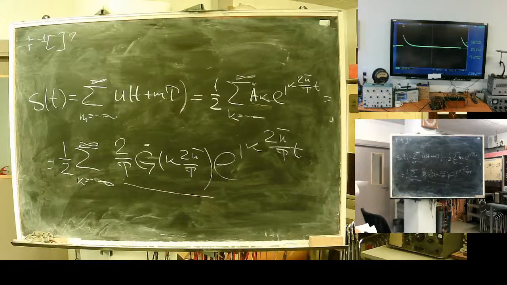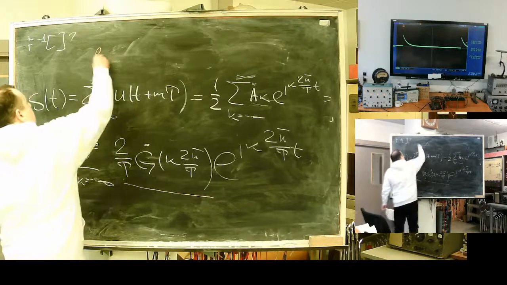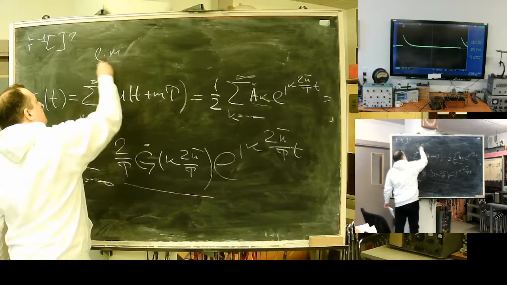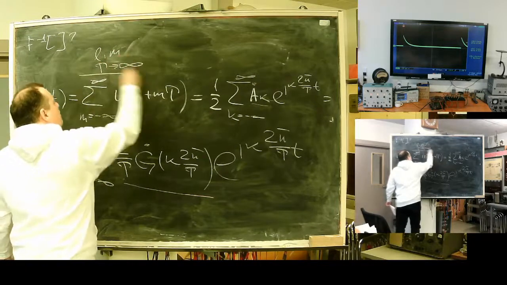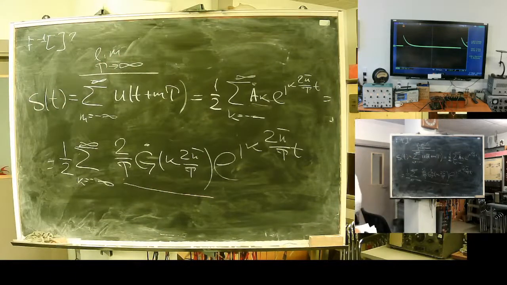At first, let's try to see what will happen if we increase period to infinity. Again, I'm shifting the next pulse beyond the observation line.